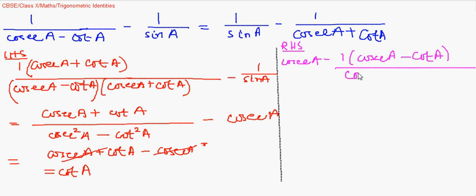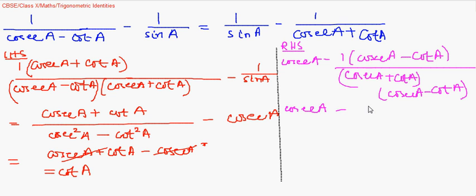So cosec A plus cot A is multiplied by cosec A minus cot A. That's leaving me with cosec A as it is.